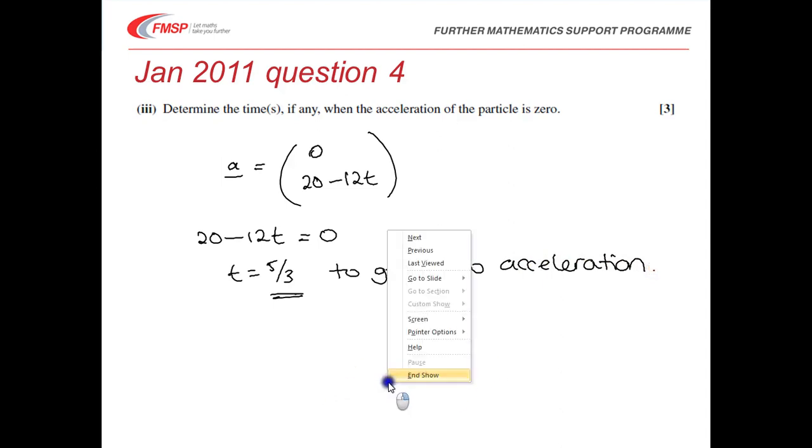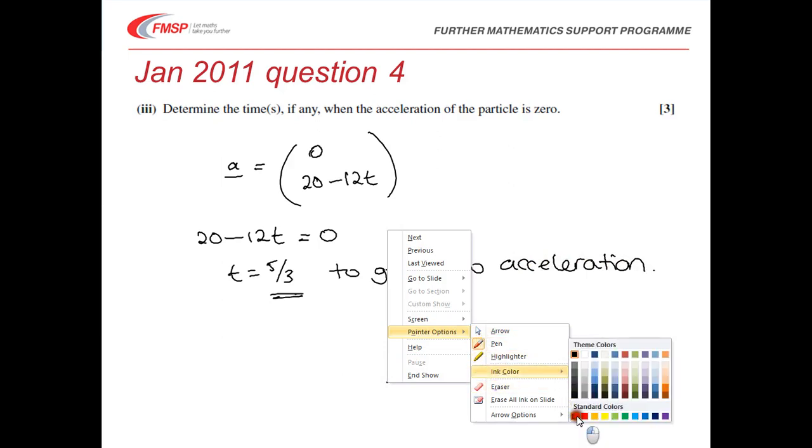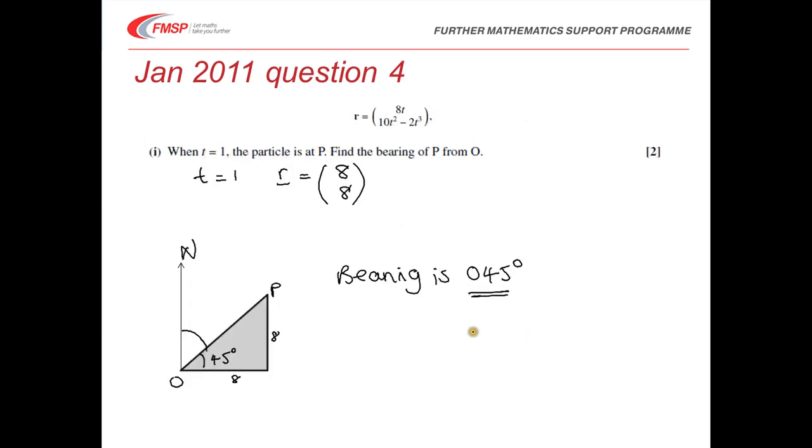Okay, so now we've finished the question, let's go through and see if we can identify where the marks will be allocated. So going back to the first part, we get a B mark for deducing the 8-8 position, and then you get a follow-through mark for working out the correct bearing from your answer that you got previously.